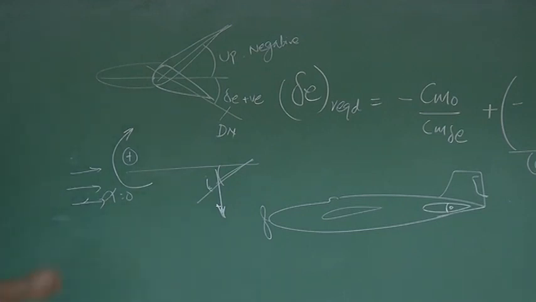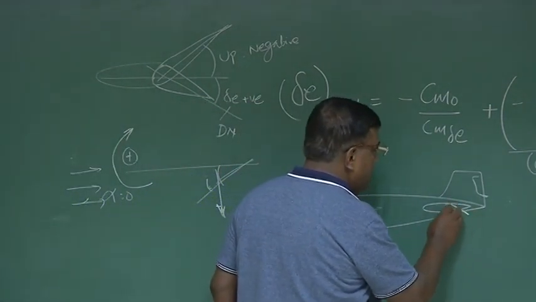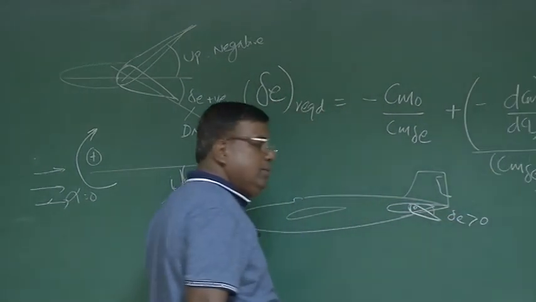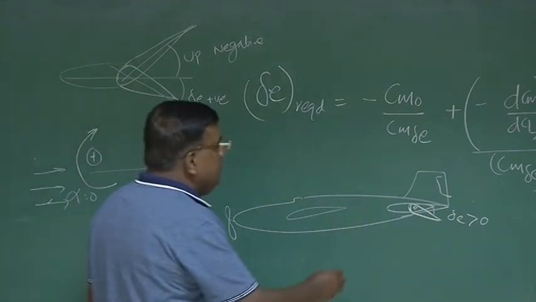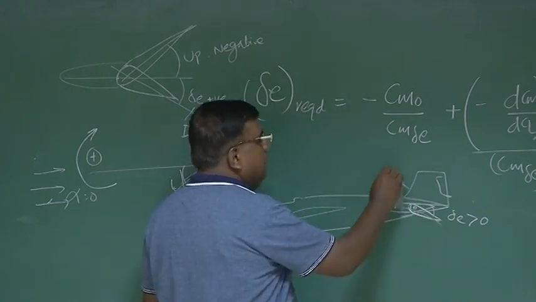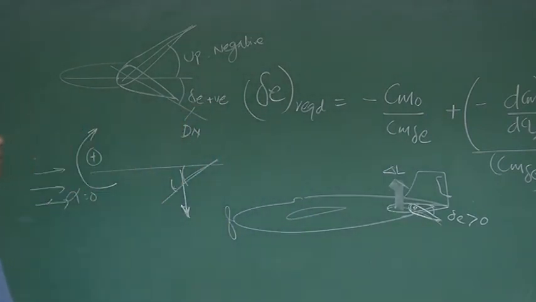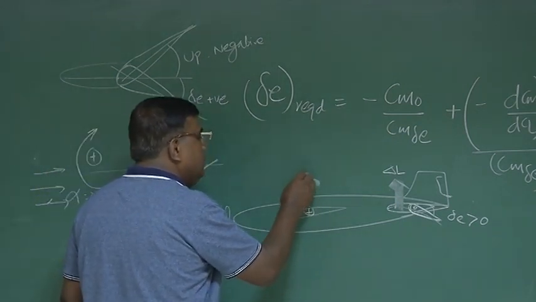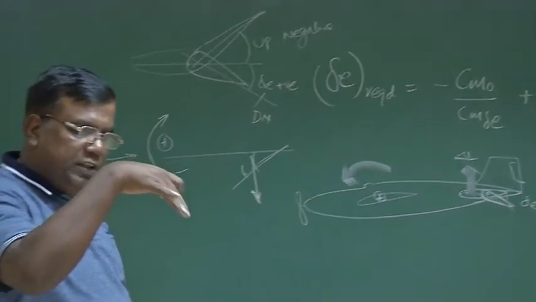So now tell me, if this is the horizontal tail and I have deflected this downward, I know delta E is positive by sign convention. What will this delta E do? This will change the camber of the horizontal tail, so there will be additional lift because of this at alpha equal to 0, and this lift will give a moment about the CG in a nose down manner, that is, it will pitch down.